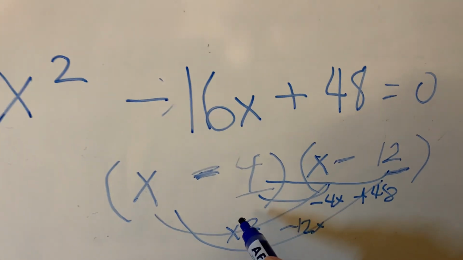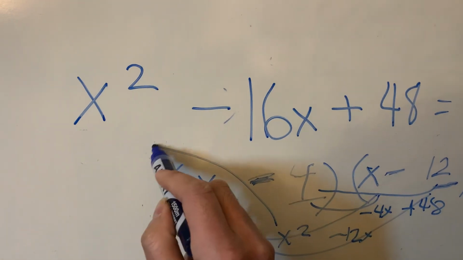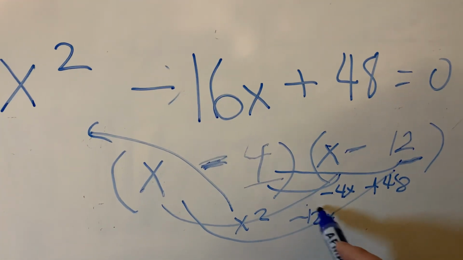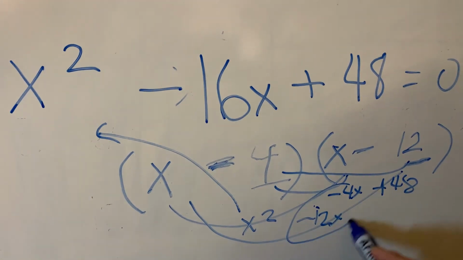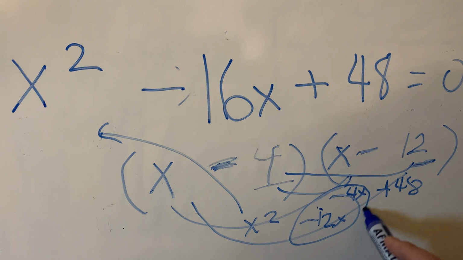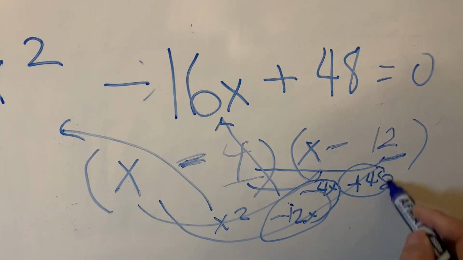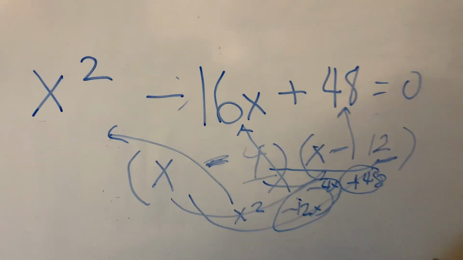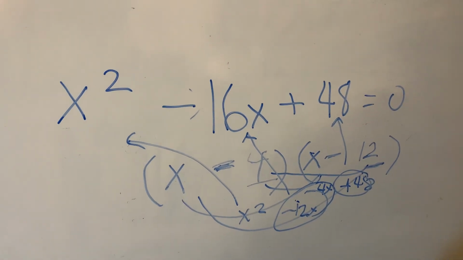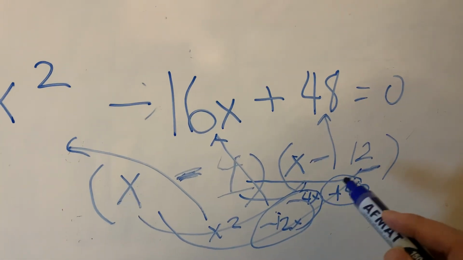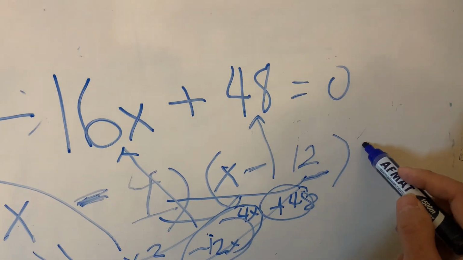So you add these all together and you get your x squared there. You get the minus 16x, and then the plus 48, right? So there you got your answer: x minus 4 times x minus 12 equals 0.